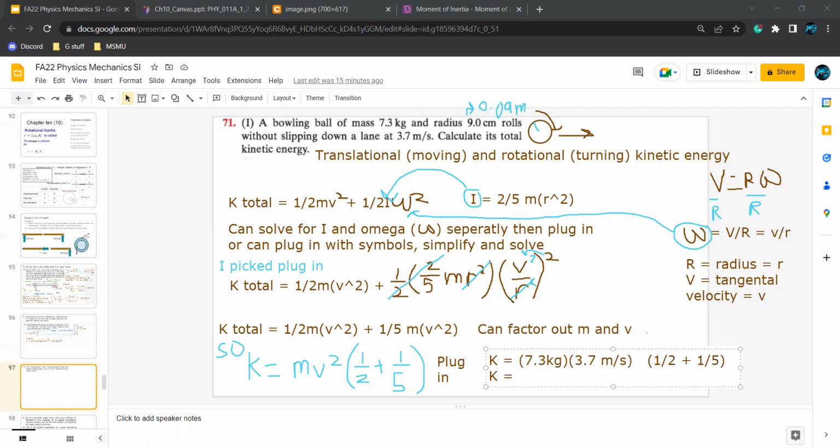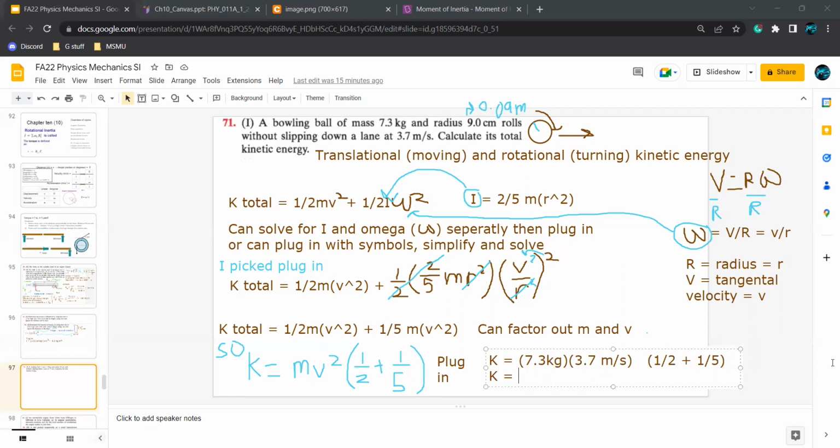Should get you K is equal to 77.3 times 3.7 squared times 1 over 2 plus 1 over 5.